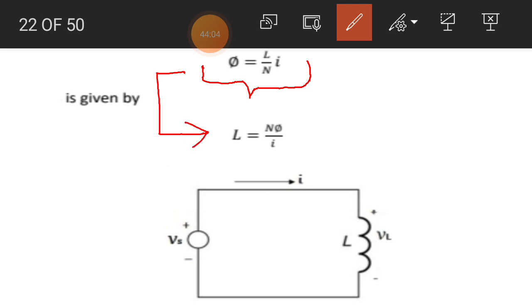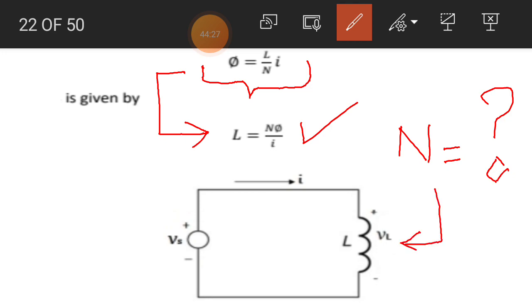The inductance of the inductor will be equal to N phi by I, where N represents the number of turns of the inductor, the number of turns of this coil, the number of turns of this winding. Coil is also known as a winding.